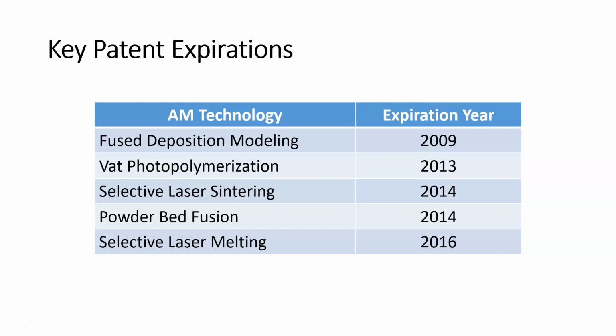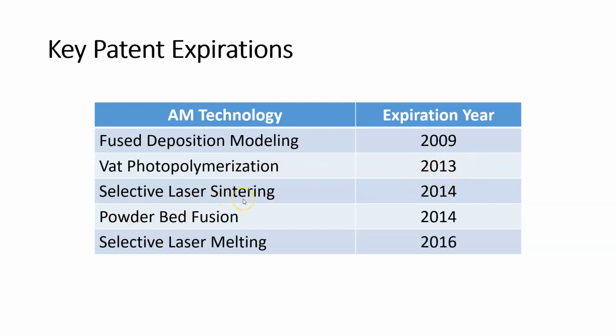After that period, that was when the explosion of 3D printing and 3D printers really occurred, right? Because you had all these companies now that were waiting for that expiration date. And as soon as 2009 hit, they were ready to go on the market for their own fused deposition modeling machines. All right. So FDM expired in 2009. The photopolymerization or the resin 3D printing process expired in 2013.